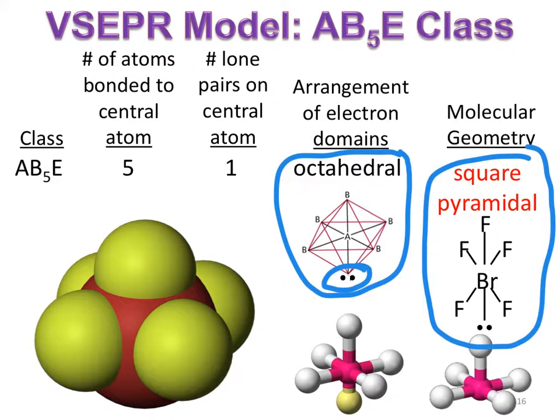It's kind of hard to see in bromine pentafluoride as we've drawn it, but if you look at the models below, the 4 fluorines here make a square, and then the rest of it finishes out the pyramid to the other fluorine that sticks up. The bond angles here are all slightly less than 90 degrees.